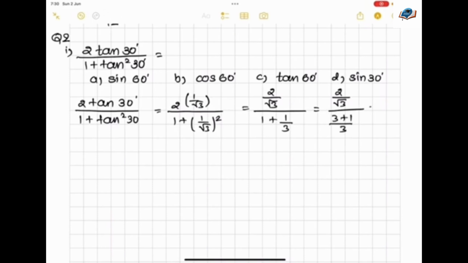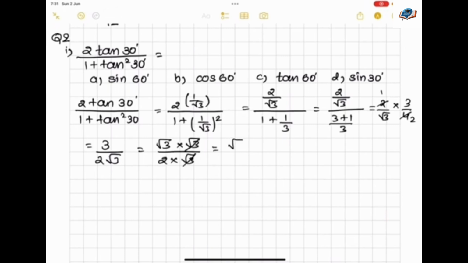Now if I bring them in the normal form, 2 upon root 3 into 3 by 4. So 2 ones are 2, twos are 2, root 3 ones are root 3, 3 by 2 root 3 is left out. So 3, if I cut as root 3 into root 3, so root 3 cut. So root 3 by 2.